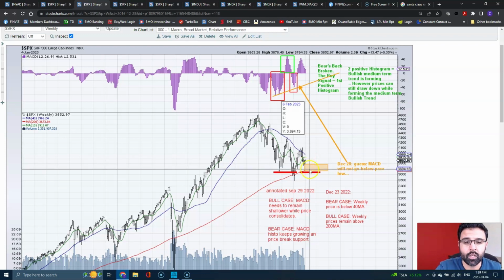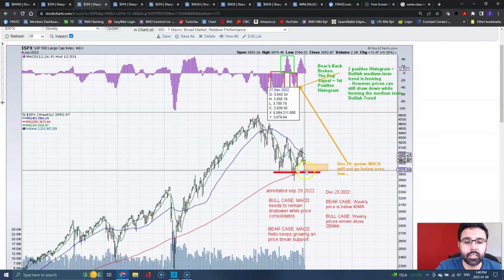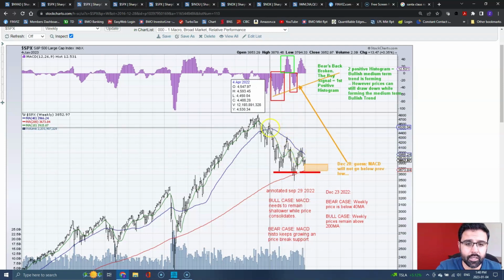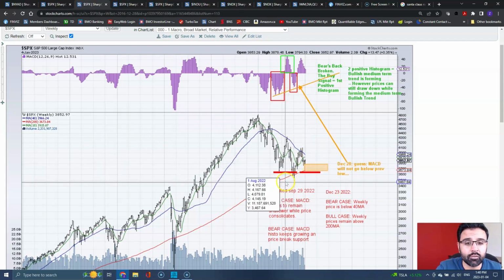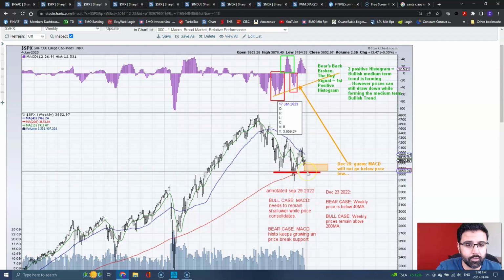It's below. We also see that price is above its 200-week average. So we have a negative factor here below the 40, but a positive one above the 200.